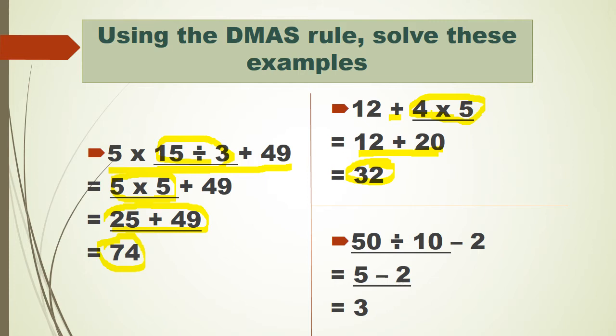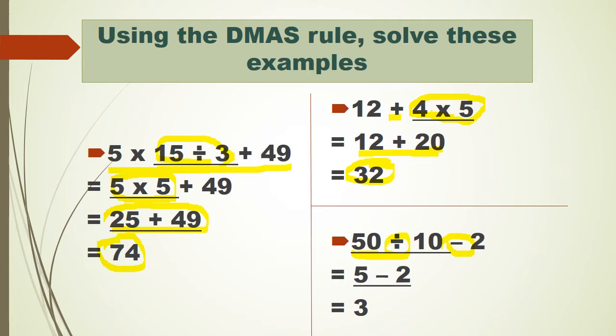In third example, again we have two operations. The first one is division and then subtraction. So in this sum, again we have to use DMAS rule. According to DMAS rule, first we will do division.